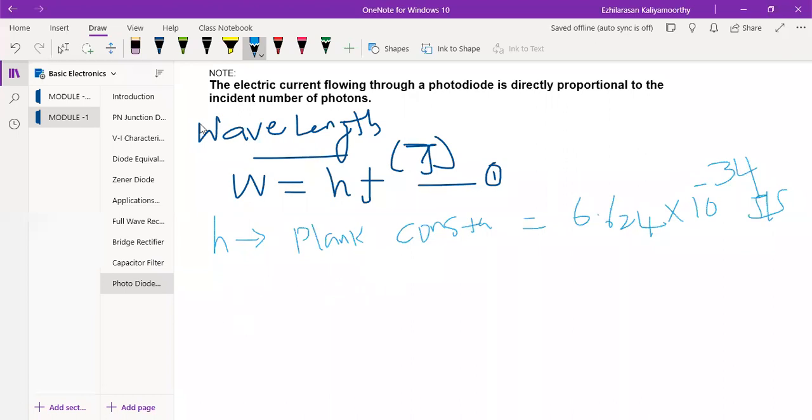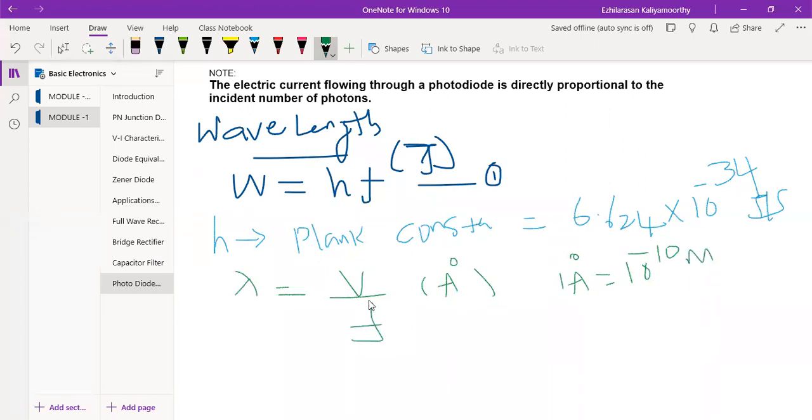The frequency is related to wavelength, the distance between successive peaks of the wave, by the following equation: lambda is equal to v by f. The unit of lambda is angstrom, where 1 angstrom is 10 to the power of minus 10 meter.